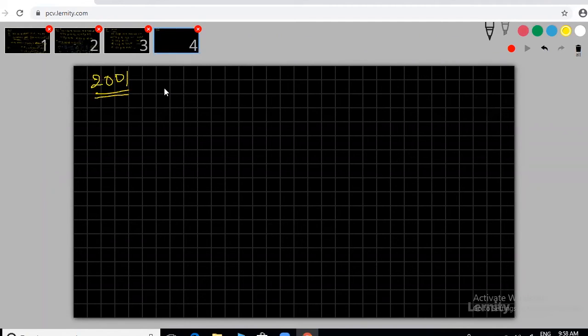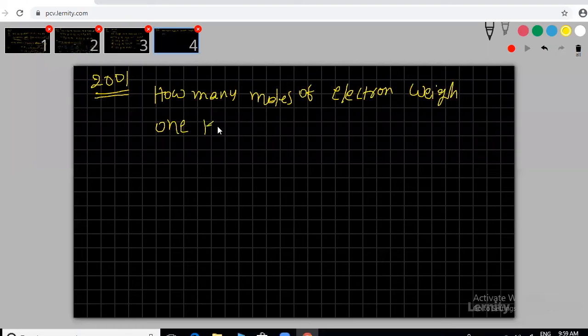How many moles of electrons weigh 1 kilogram? This is the question. Who can give the answer? Options are there.